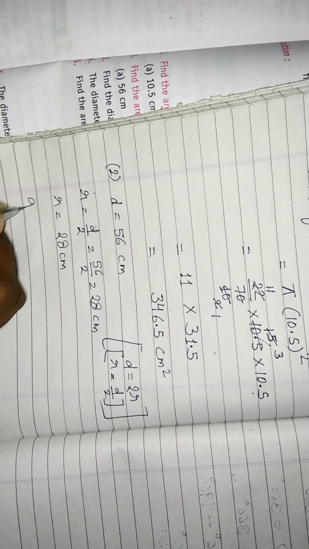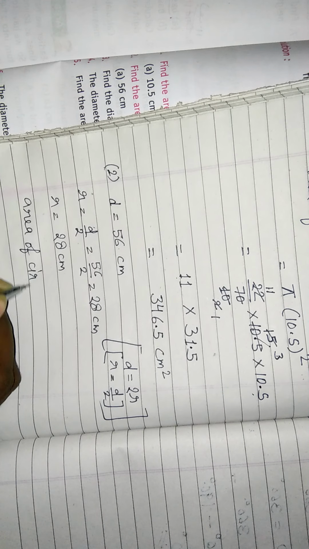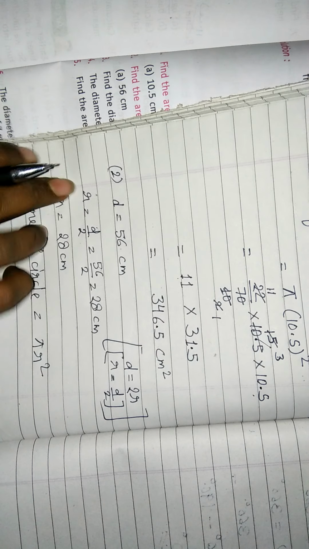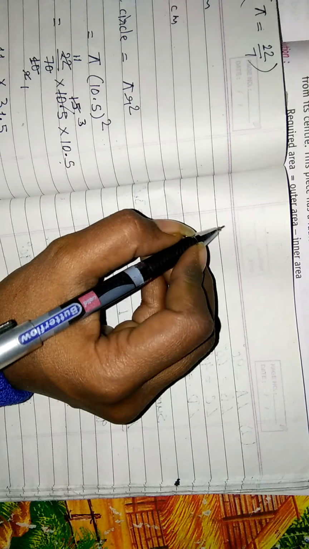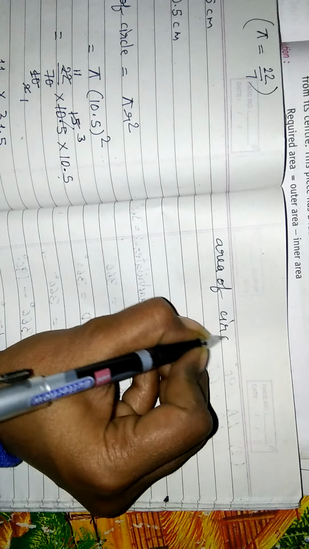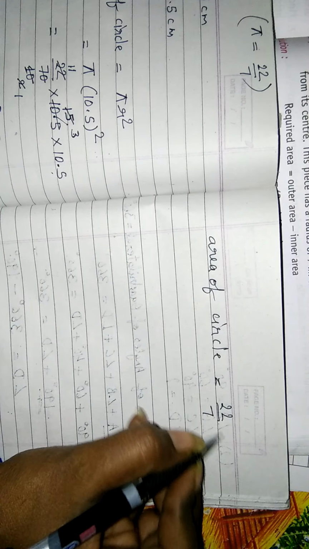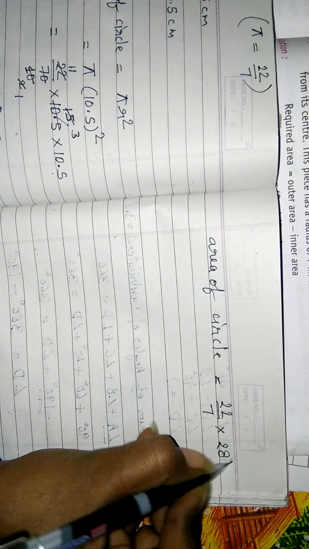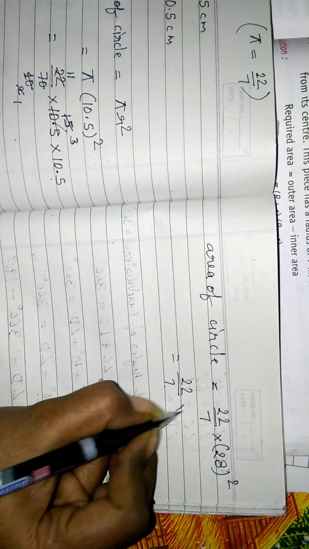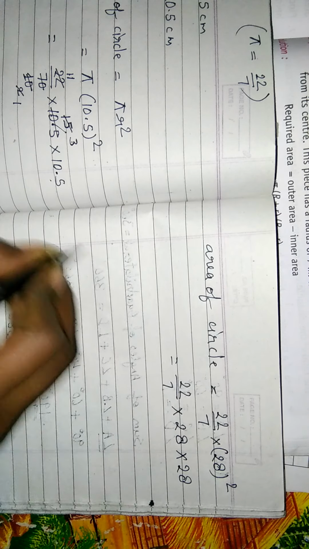Now area of circle, we know that the area of a circle formula is pi r square. So put the value in this. Here we will write area of circle. So pi we know is 22 upon 7 and r is given, 28 square. So after opening this, 22 upon 7 into 28 multiply with 28.